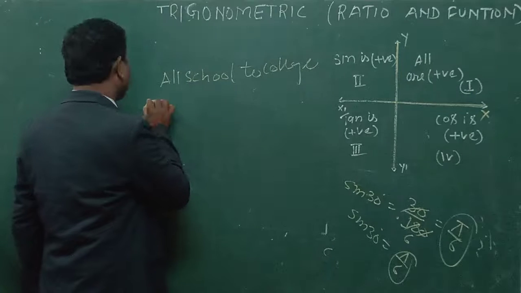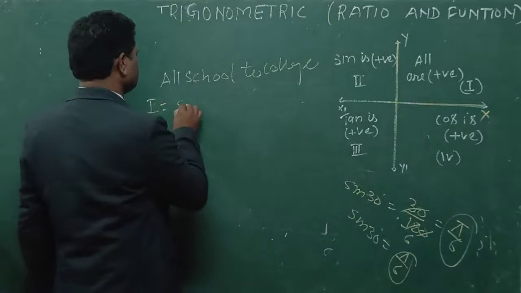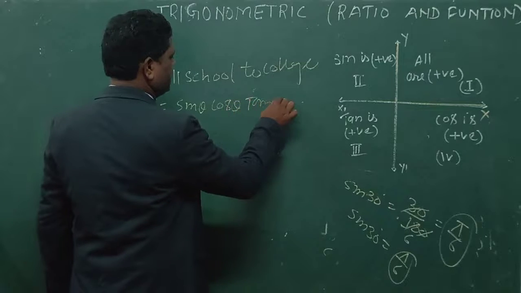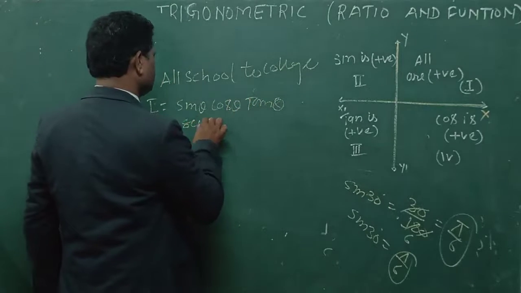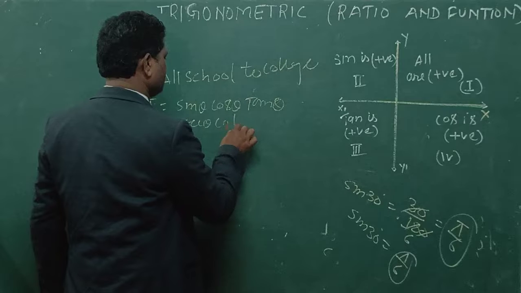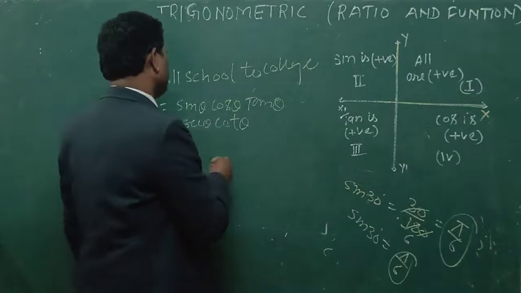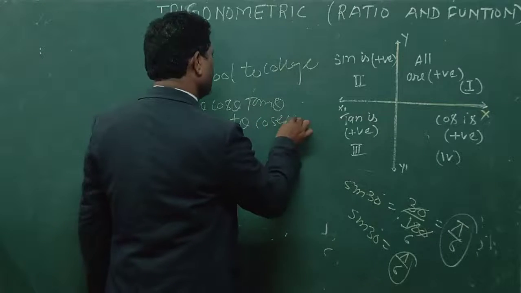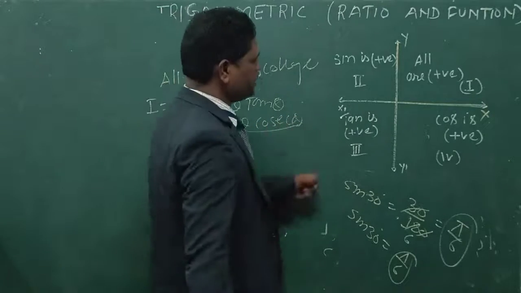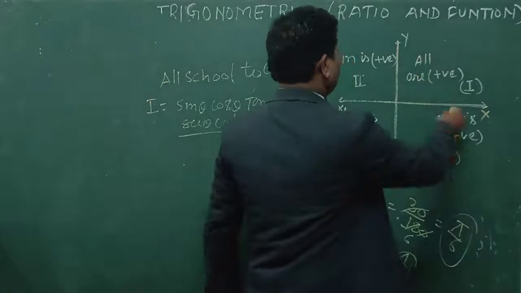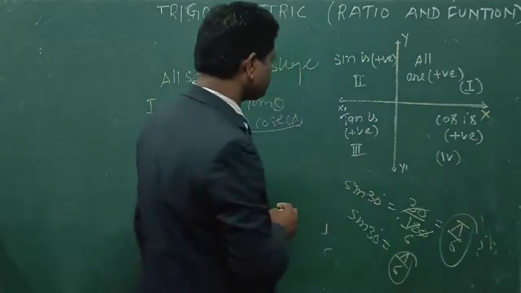All first quadrant functions, sin theta, cos theta, tan theta, sec theta, cot theta and cosec theta, are always positive. It means that in the first quadrant all things are positive.